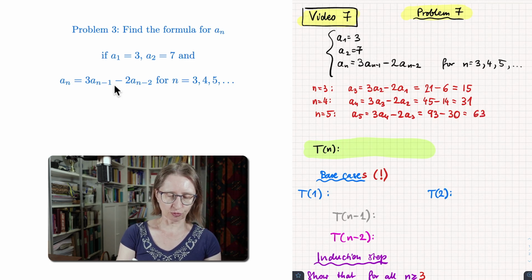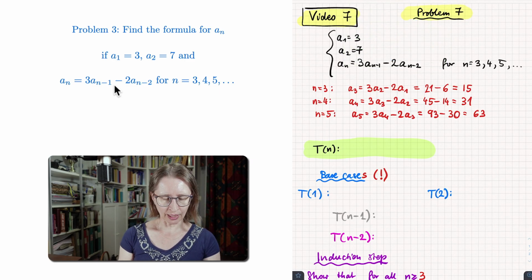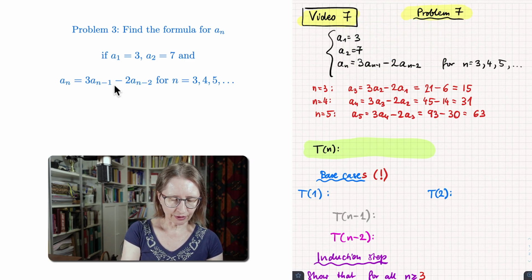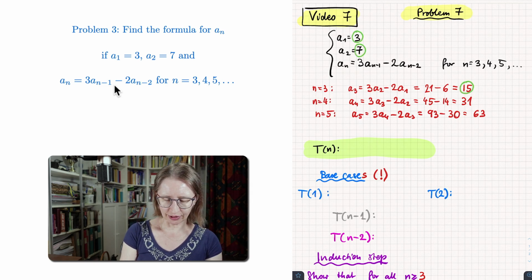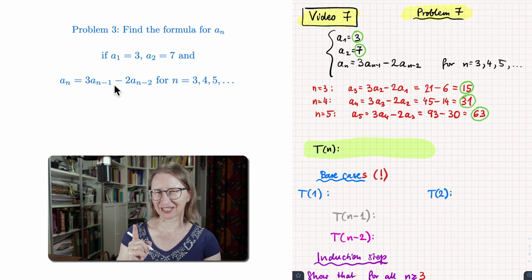Okay, now it's time to make some guess. Let's have a look here. We get the numbers 3, 7, 15, 31, and 63. All these numbers look like the powers of 2 minus 1, right?